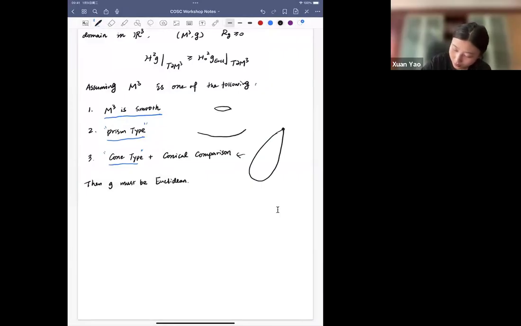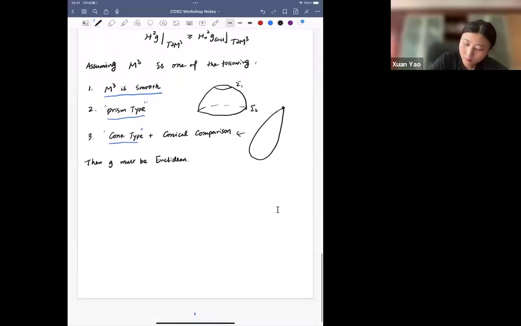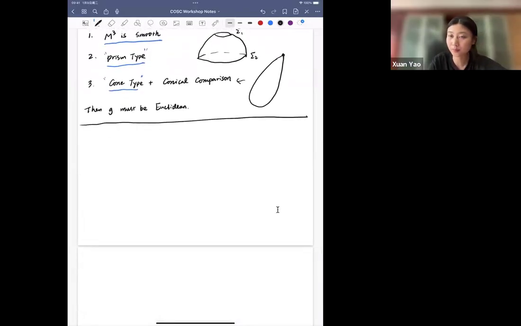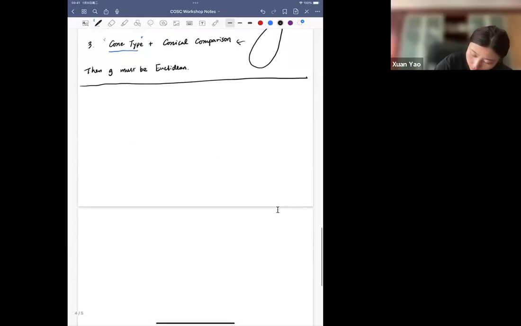It's like sigma 1 and sigma 2, they are actually parallel barriers, and other parts are smooth. This is what we call prism type. Basically, they're just generalizations of Chao Li's definition for prism type and cone type.